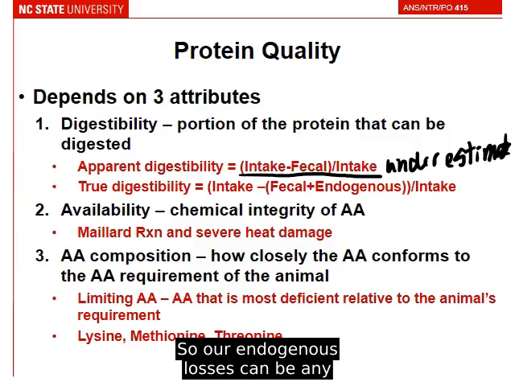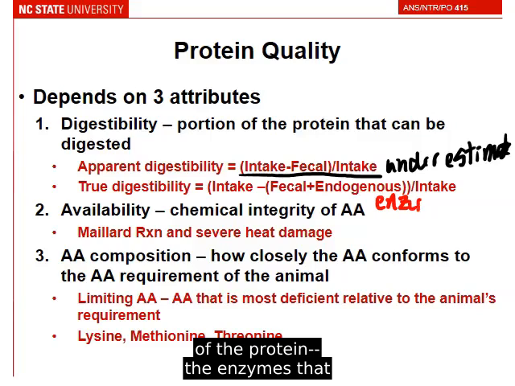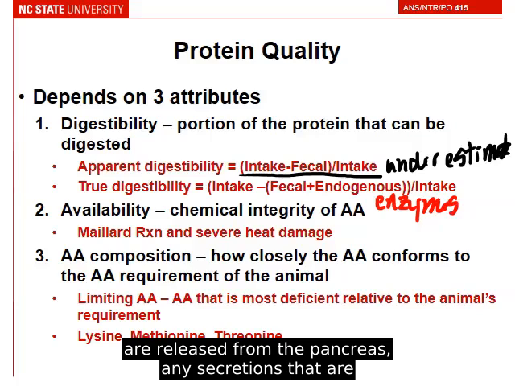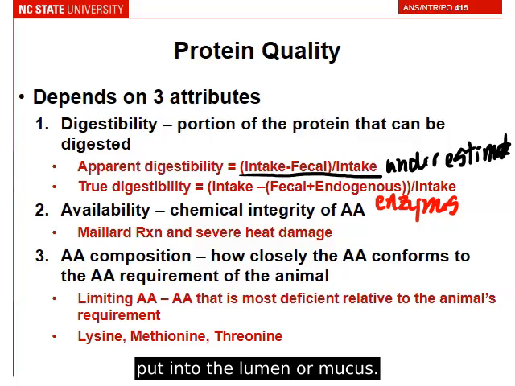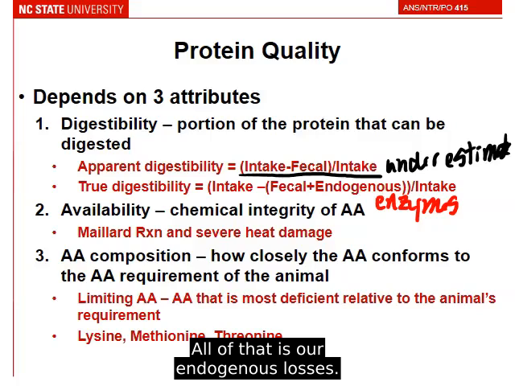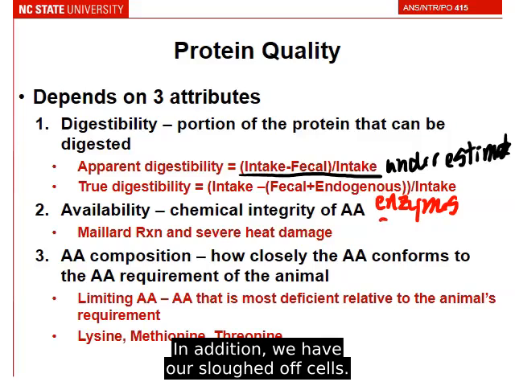Our endogenous losses can be any of the protein, the enzymes that are released from the pancreas, any secretions that are put into the lumen, all our mucus, all of that is our endogenous losses. In addition, we have our sloughed off cells.